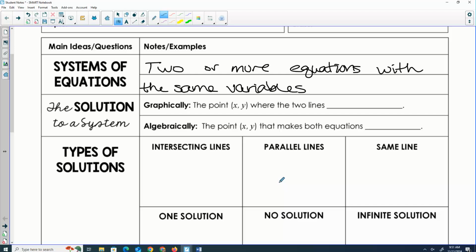Today we are focusing on two equations that both have an x and a y in them. But it could certainly be more than two.